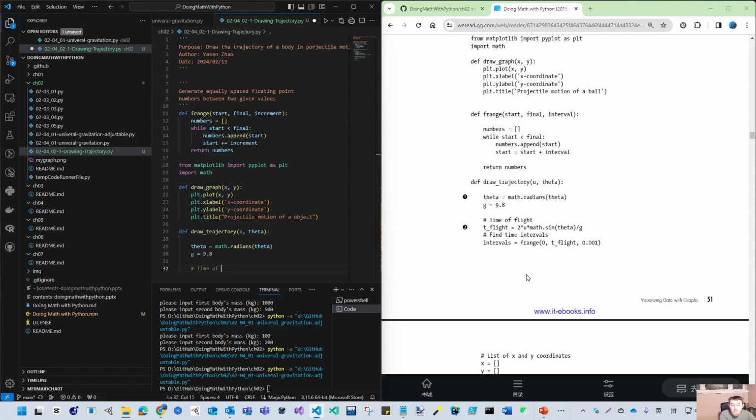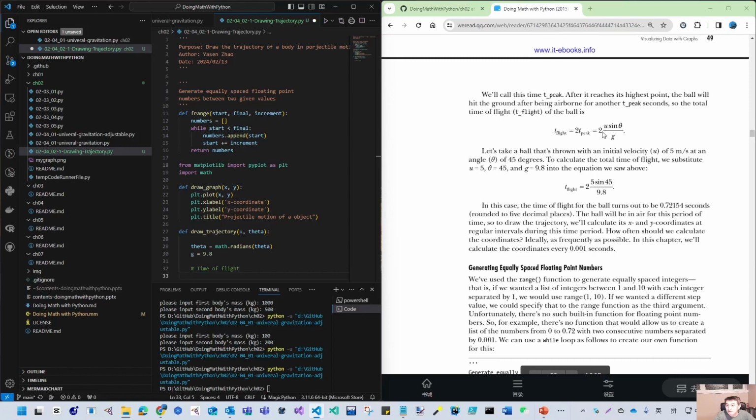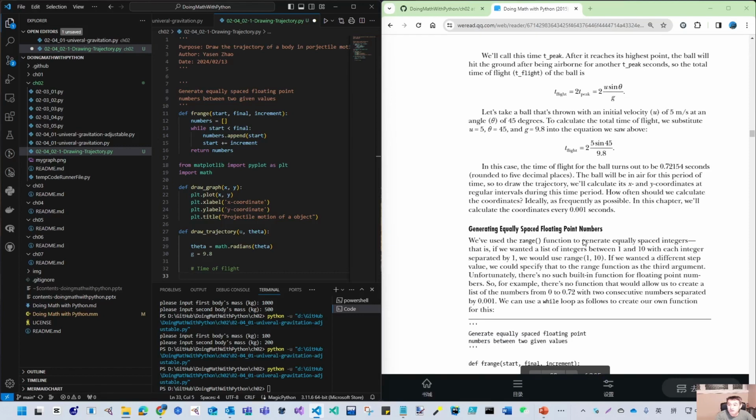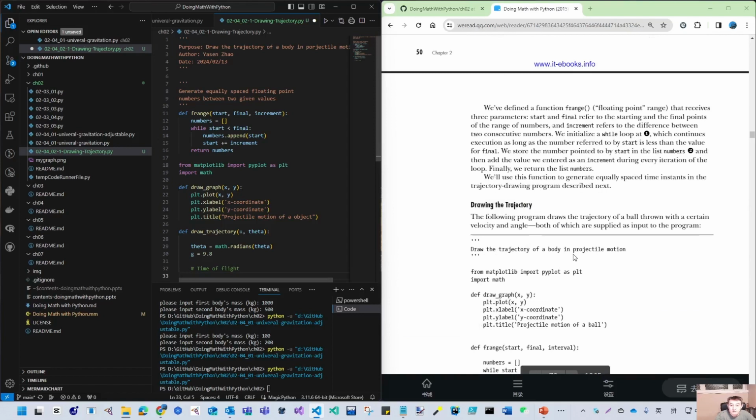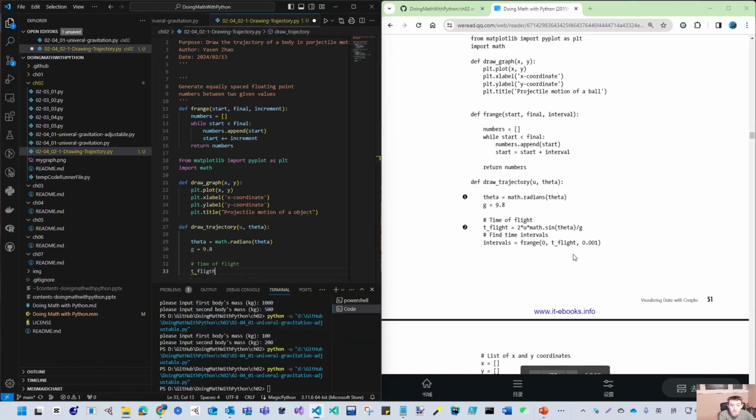So time of flight: we have t_flight equals 2 times velocity times math.sine, divided by g. So we have calculated this one. We can directly use this t_flight, because we can't have a dot, and for the different size words we use the underscore.